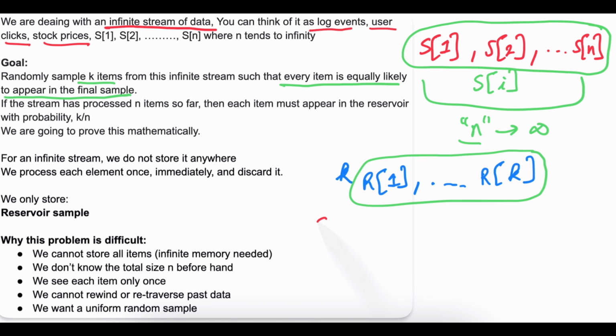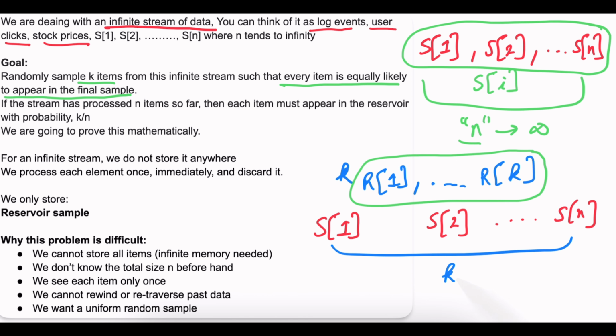So the probability that the first item is going to be picked in our final sample of size k is going to be the same as the probability of the second item being picked, and the same as the probability of the nth item being picked, and this probability is going to be equal to k divided by n, where n is unknown and it can also tend to infinity.